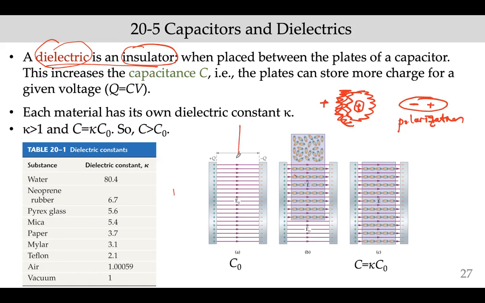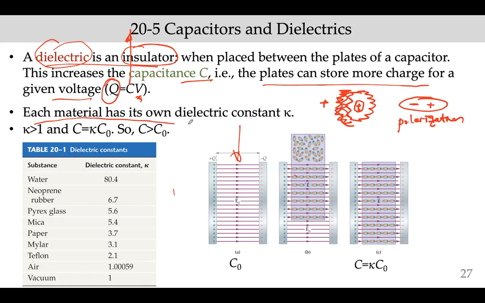You can place a dielectric material in between. This increases the capacitance C, which means the plates can store more charge for a given voltage. So let's say voltage is fixed, let's say 9 volts. If you want the capacitor to store more energy, the only thing you can do is increase capacitance. And one way to do that is to place a dielectric material in between.